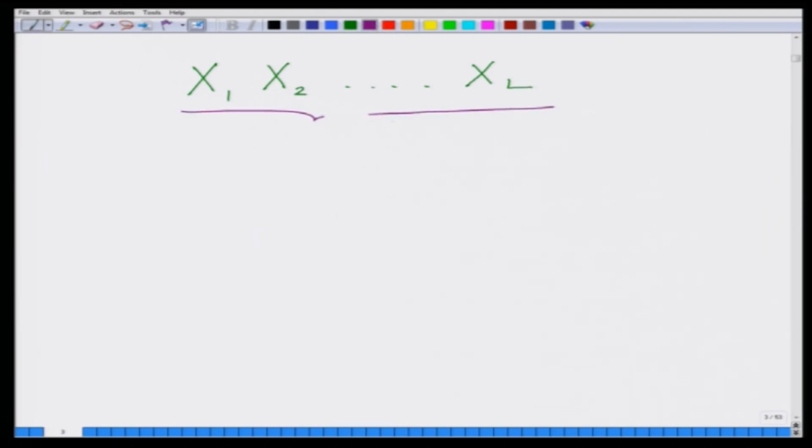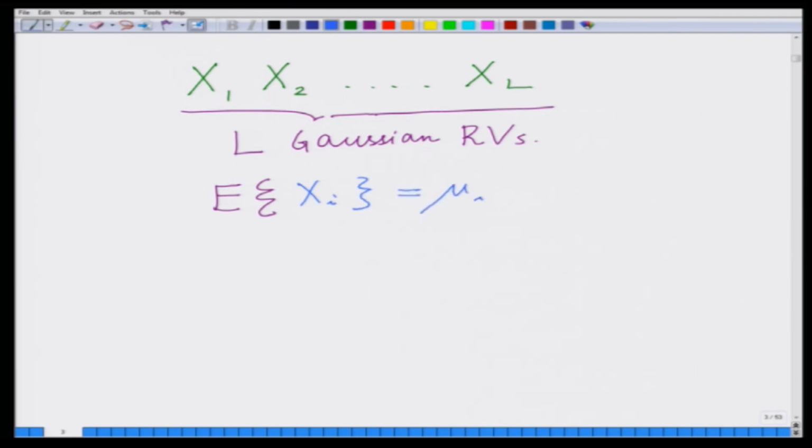Say these are L Gaussian random variables, such that the expected value of xi, that is the mean of each of these, is mu i, and the variance, that is the expected value of (xi minus mu i) whole square, equals sigma i square.